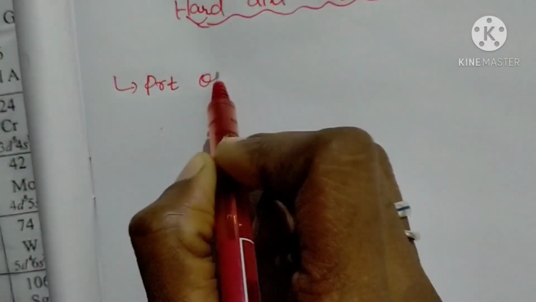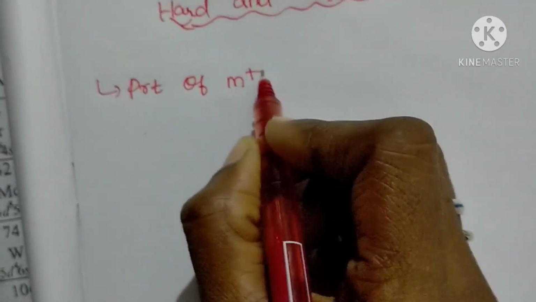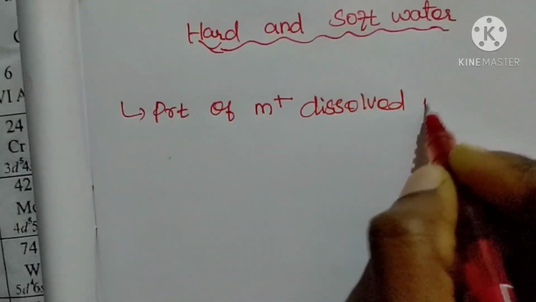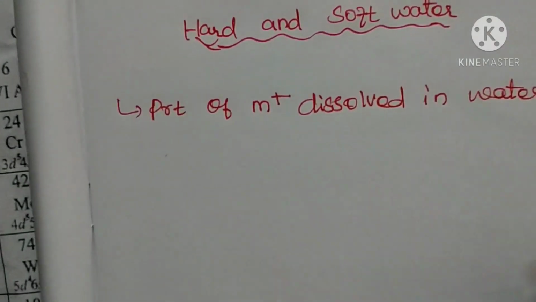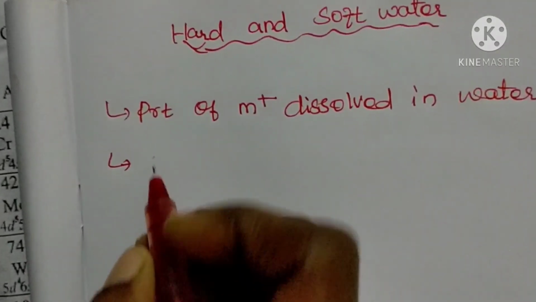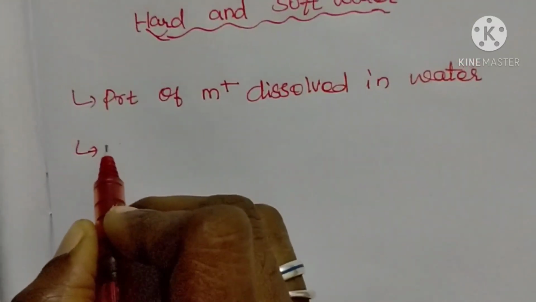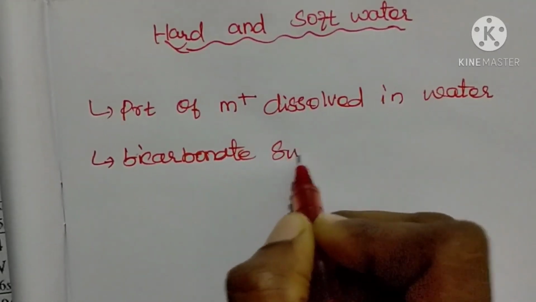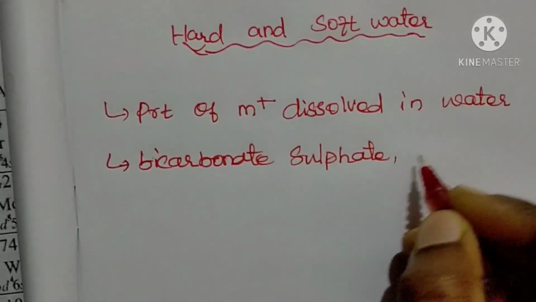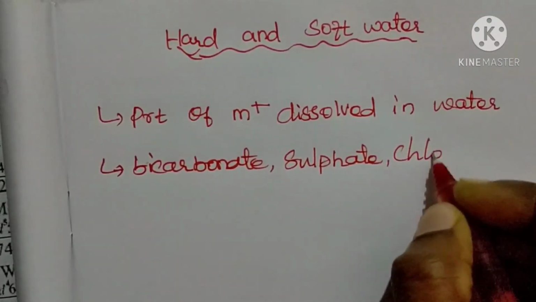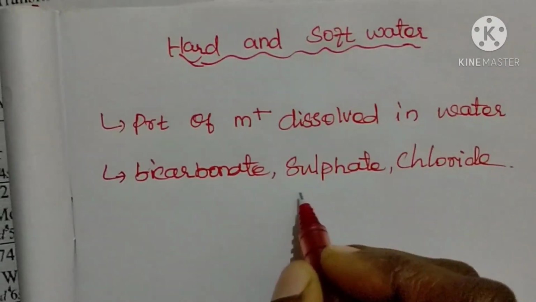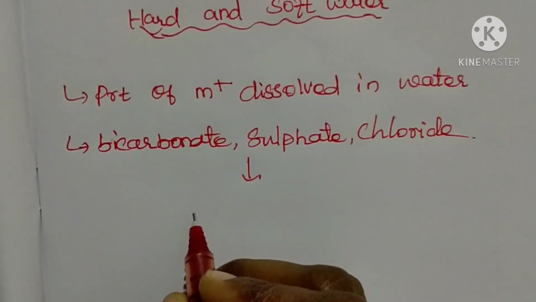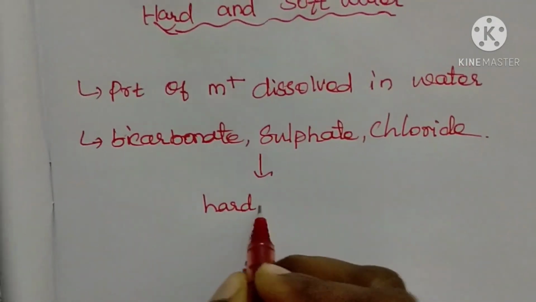So hard water means the presence of metal cations dissolved in water, which can form salts like bicarbonate, sulfate, and chloride. The formation of these salts makes the water hard.